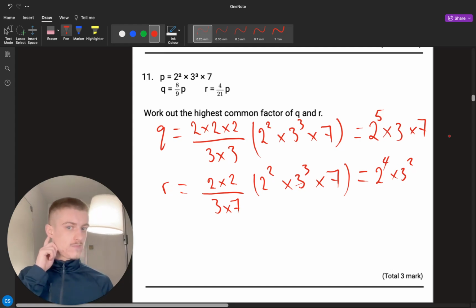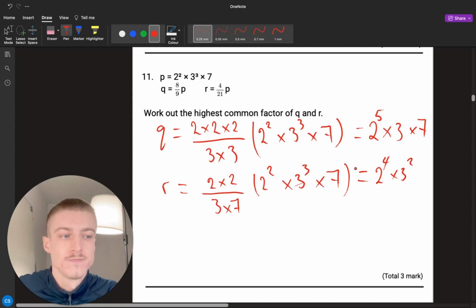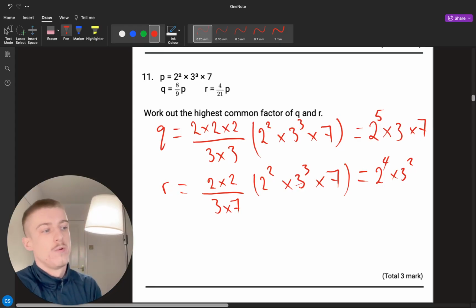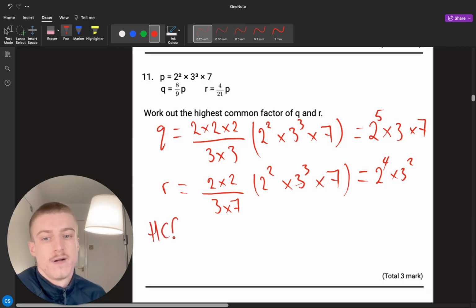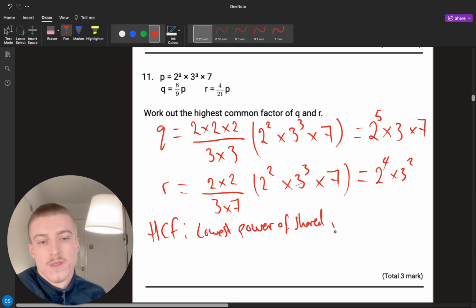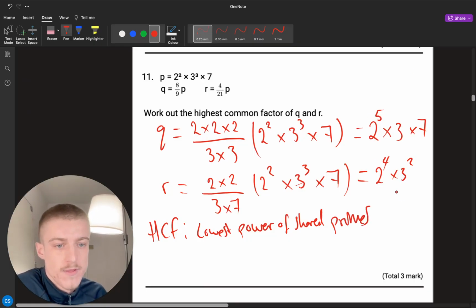Okay? So now for the highest common factor, we're going to use the lowest power of shared primes. Okay, so what have we got? We've got shared primes of 2 and 3. So we're going to use 2 to the 4 and 3 to the 1.